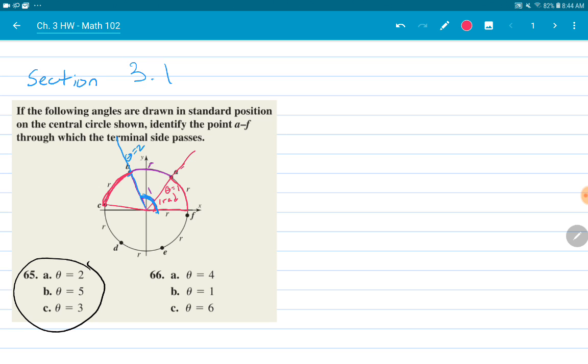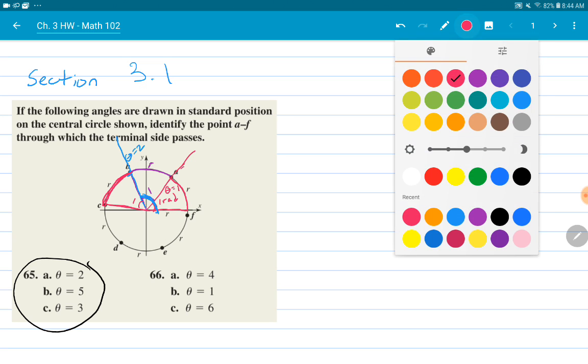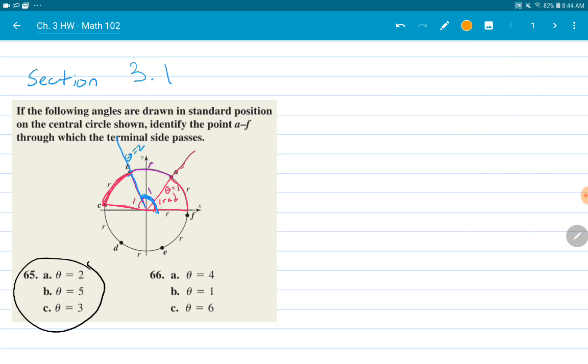So that central angle that it makes is 1 radian. Adding these 3 radians together, starting from standard position, I have an angle that is 3 radians. So C is on the terminal side of theta equal to 3.